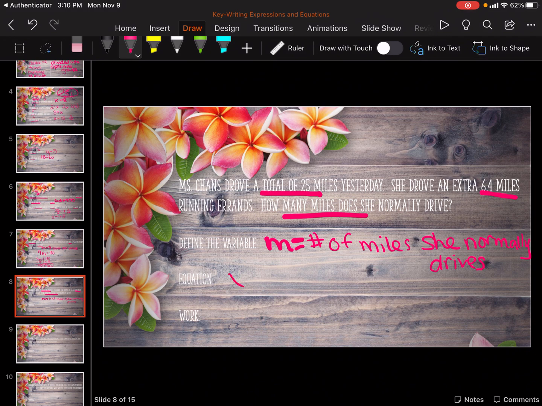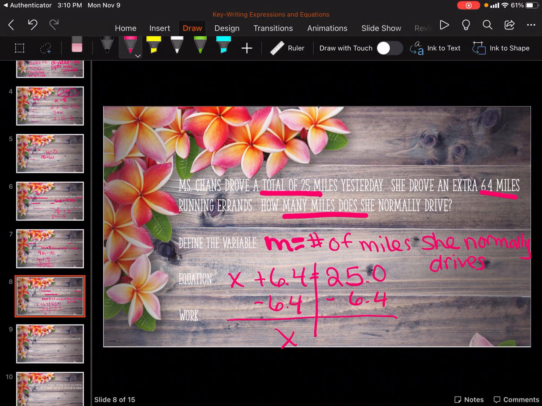So it's going to be X plus her extra 6.4 equals a total of 25. Subtract 6.4, line up those decimals. You're going to borrow. It's going to be 8.6. Bring the 1 down. And X, she normally drives 18.6 miles.